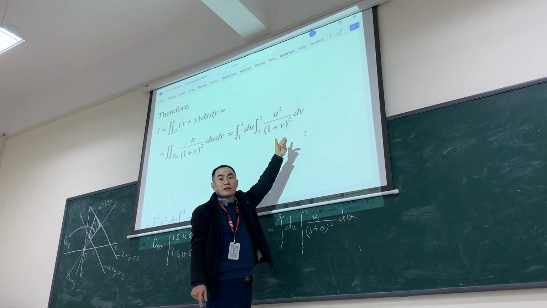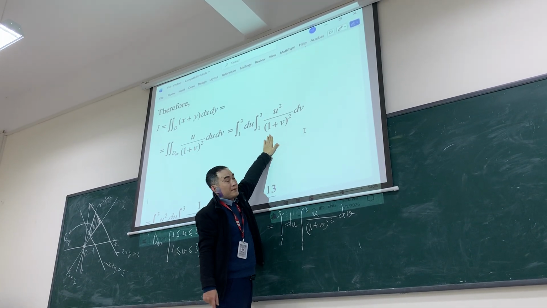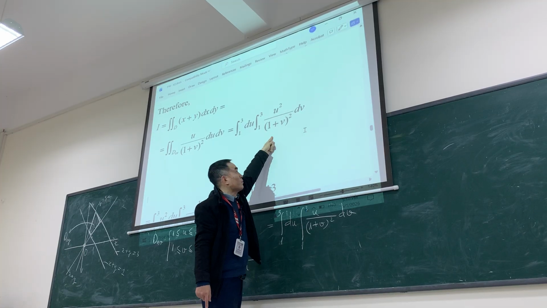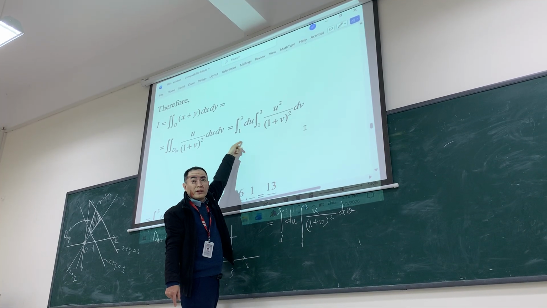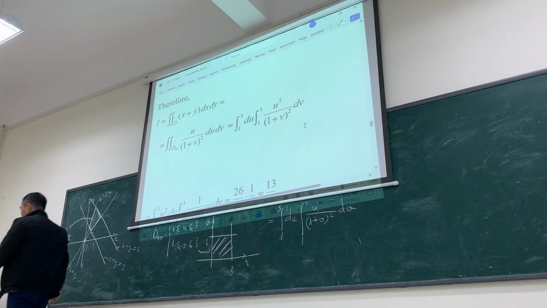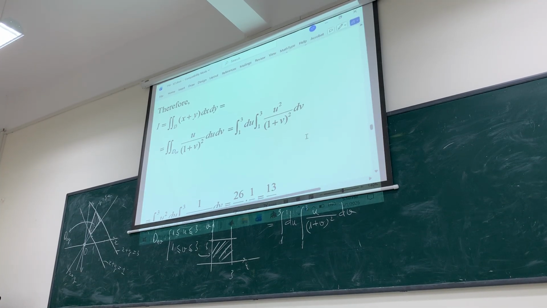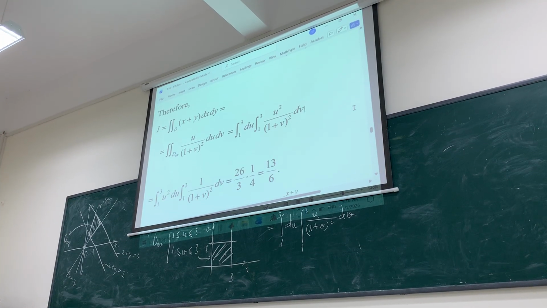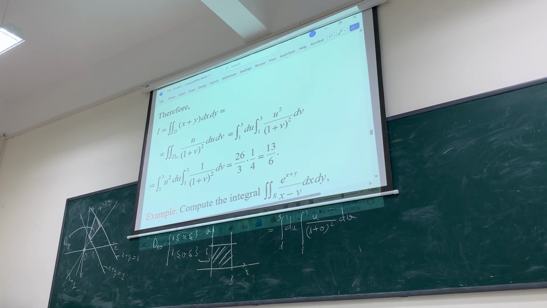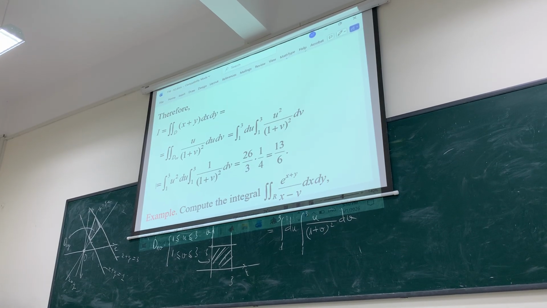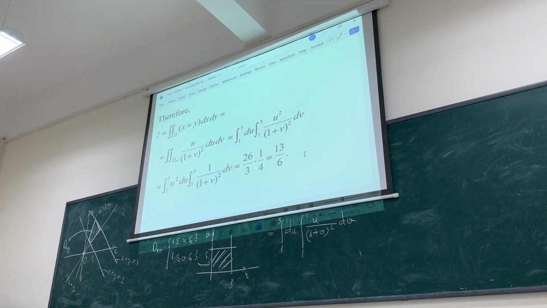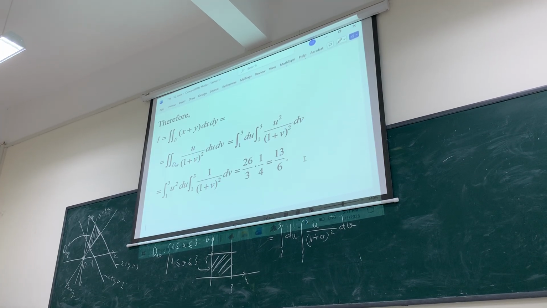We consider the equation. When we estimate here, as a function of u, we move on. The final result we can obtain is equal to 13 over 6.